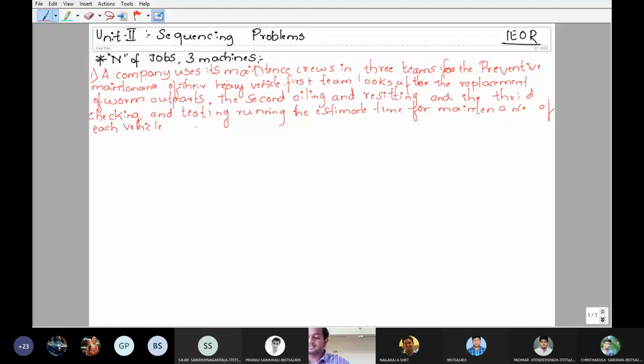Now the problem is given in hours. The following tables apply and passing is not allowed. Now, what do we have to do? Find the sequence and schedule.